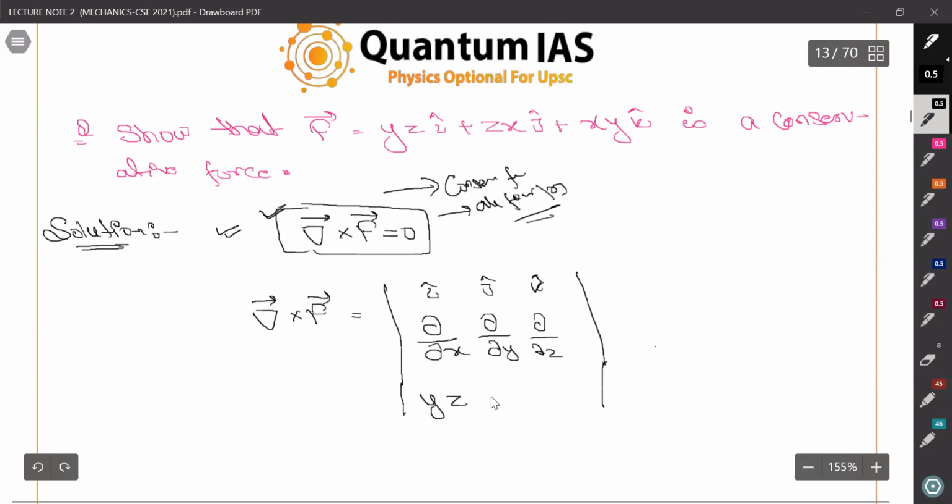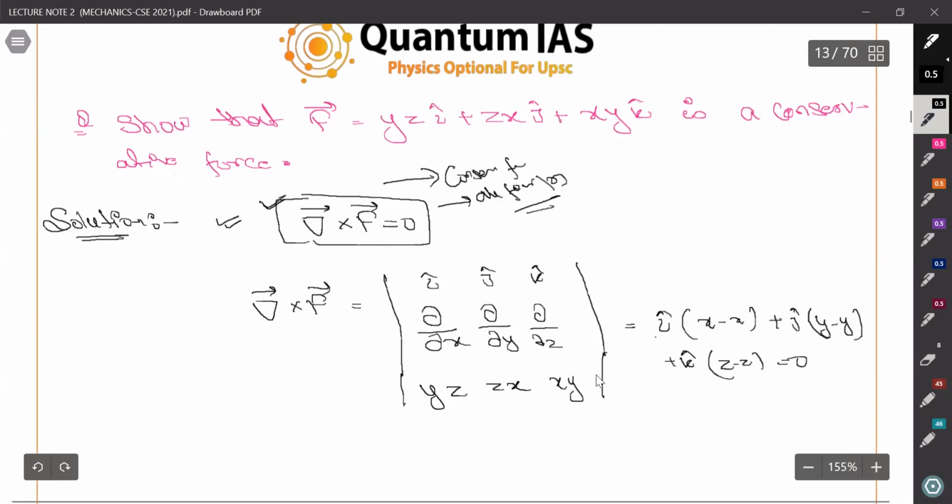yz, zx, xy. Okay. So solve this. So for i cap, del y by del y, it will become x minus x, plus j cap, y minus y, plus k cap, z minus z. This is very easy to solve, equal to 0.